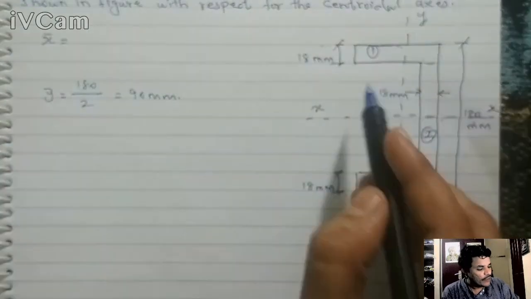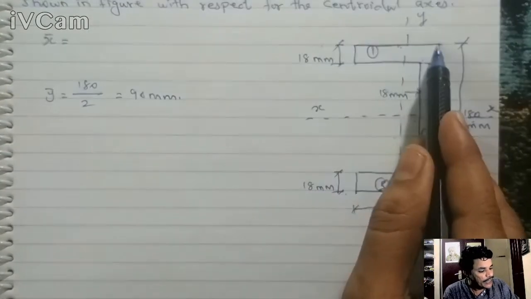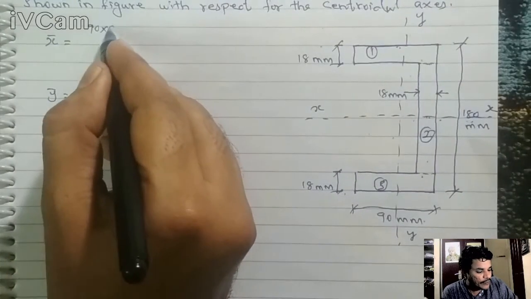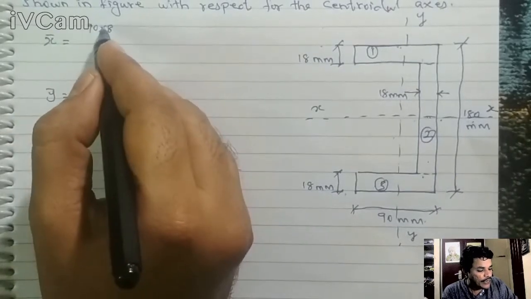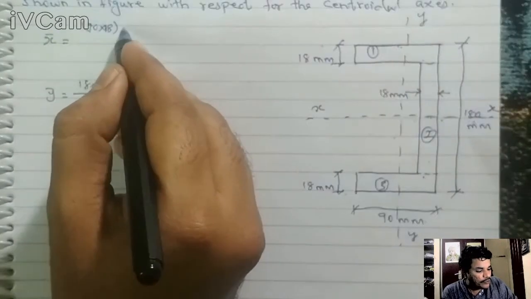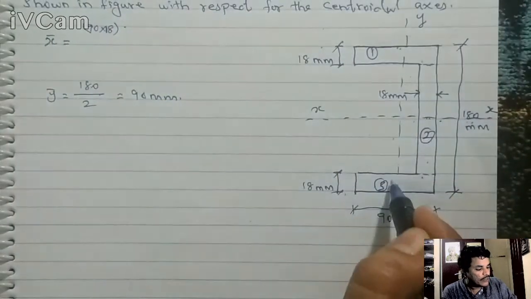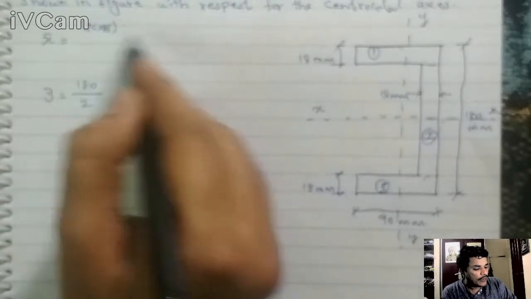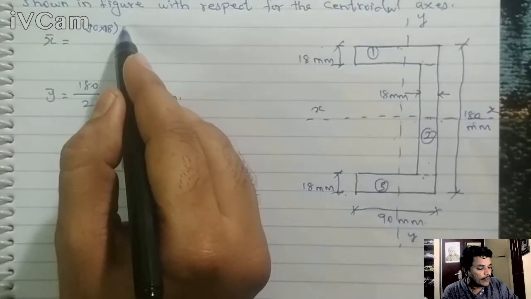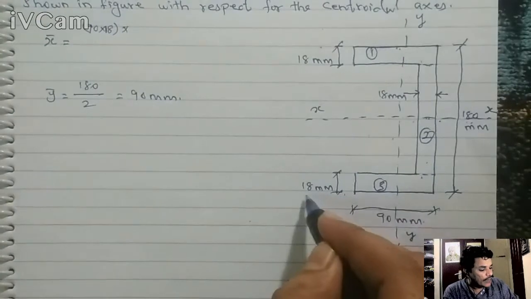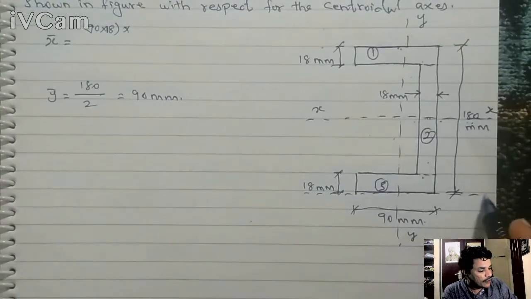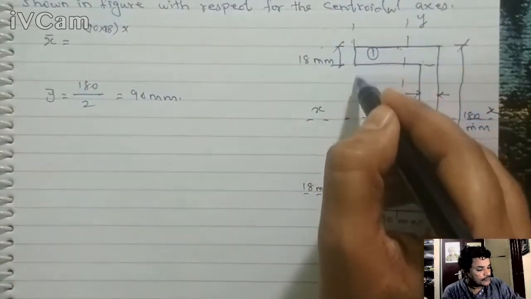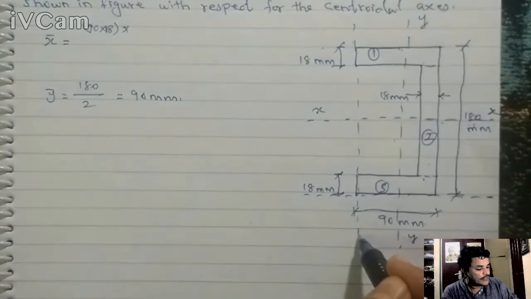For A1, the first section area, this is 90 mm by 18 mm. So 90 by 18, you can put 2 also because both sections have the same dimensions. I have written it elaborately here: 90 by 18 mm into the centroid, and I am taking measurements from the extreme left.